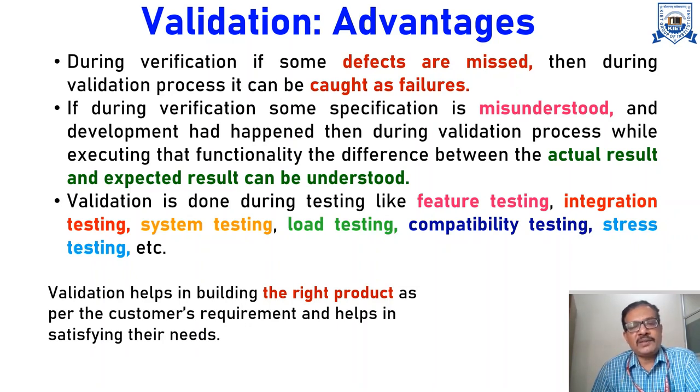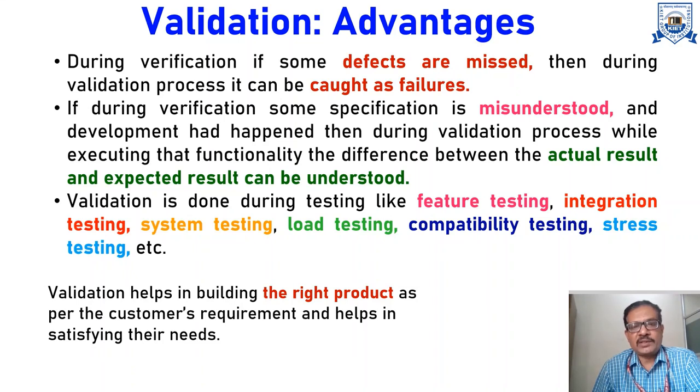So validation is always done after verification. Verification helps us lower the defects and uncover errors at the early stages of development, because the sooner you uncover errors during the early stages of software development, the time required for uncovering errors in the later stage is automatically lowered.